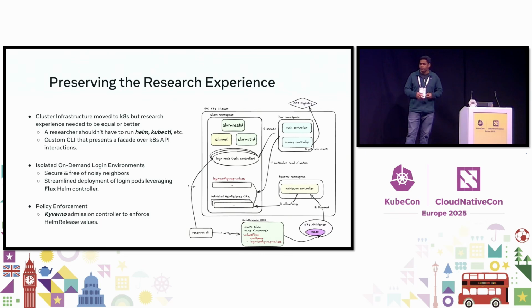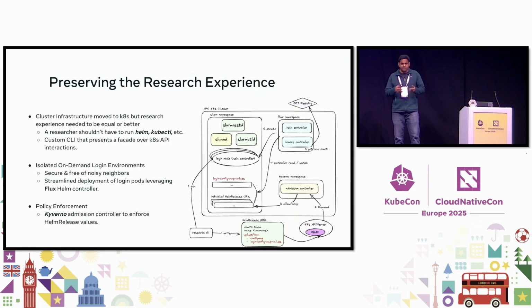As we moved on to Kubernetes, it made our life easier as an infrastructure team to manage infrastructure across various cloud providers. We wanted to make sure we either provide a better experience for the researchers, or at least match what it was before we moved to Kubernetes.